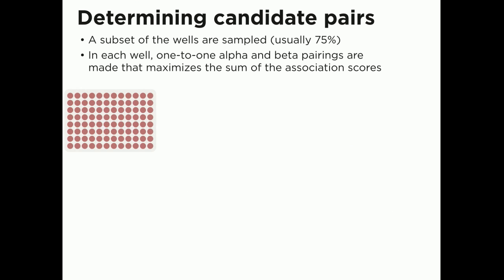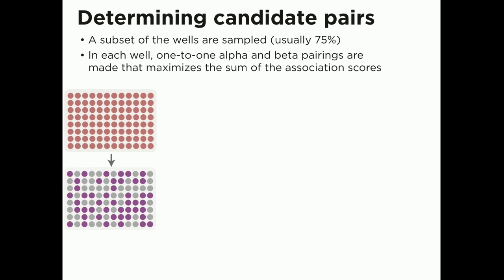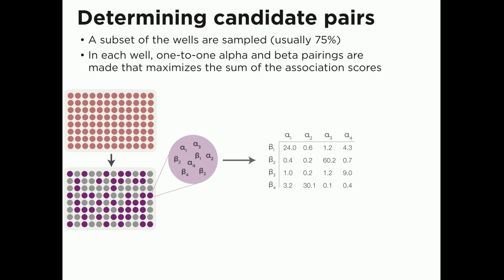So with that in mind, what we do in our approach to determine pairs is that with our data set, we take a subset of the wells in that data set, usually 3/4 of them, calculate association scores based on that subset of data, and then in each well, we try to create one-to-one alpha-beta pairings that maximize the sum of the association scores of those pairings.